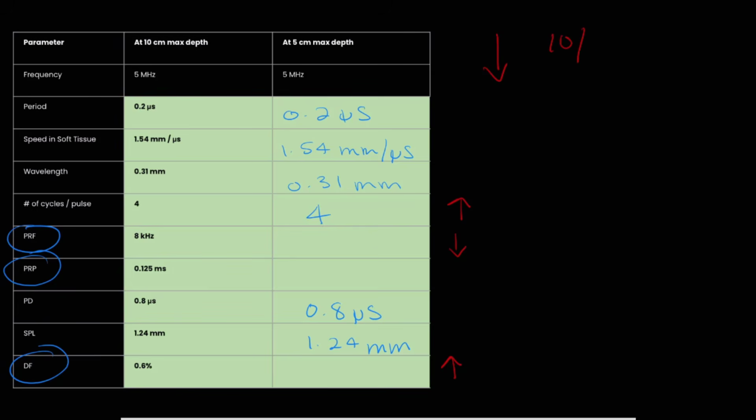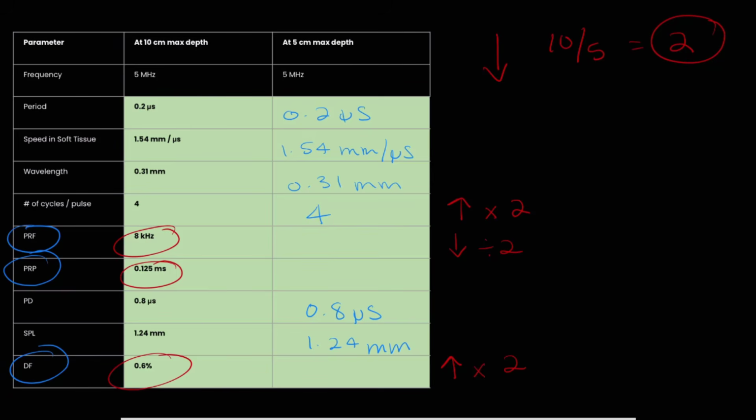So 10 divided by 5 equals 2. We are decreasing by a factor of 2. So if we decrease the depth by a factor of 2, that means that PRF is going to increase by a factor of 2. PRP will decrease by a factor of 2, and duty factor will increase by a factor of 2. So we can take the values that we've already calculated and apply our factors.